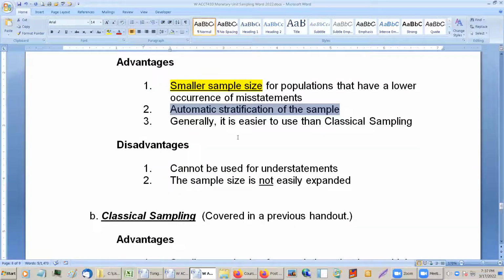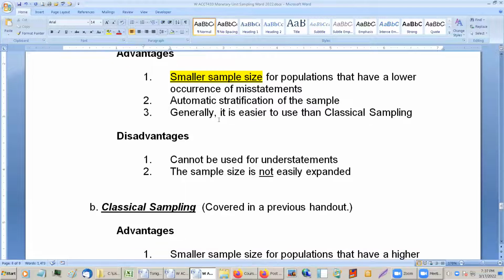This one automatically picks the bigger ones. The bigger ones are more likely to be picked, and at some point, if they get big enough, they're 100% certain to be picked. That's what stratification is about, looking at the larger numbers that are more important rather than the little numbers that aren't. And it's generally easier to use than classical sampling.